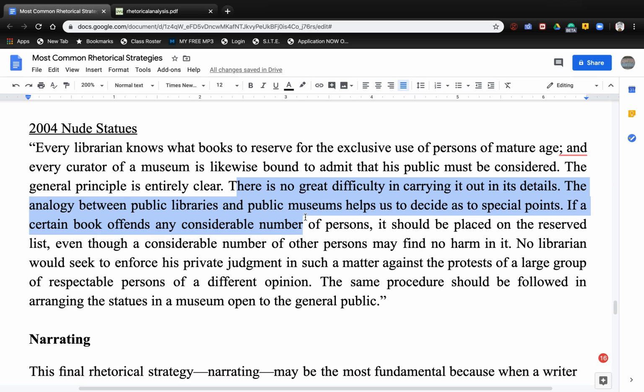Because if somebody were to tell you, let's say in this argument, that we should put nude statues, or rather art that we deem offensive, in a private room, then we would say, well, that's not feasible, or I don't know that that would work, yada yada. But if I say, well, there's already a precedent for this.